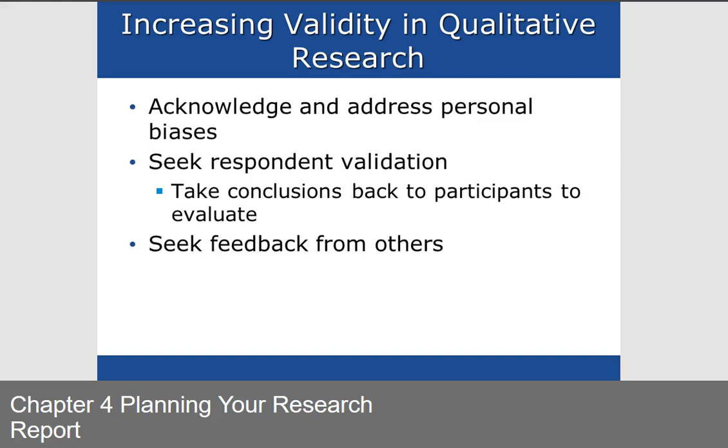One of the ways in which we can control for those biases is to, one, seek respondent validation: take it back to the source, the people you interviewed, for example, and say, okay, these are the themes I came up with. What do you think? Does this seem like what you were trying to communicate to me? Another thing is to have multiple coders or multiple people providing feedback, looking at the data, looking at your interpretations, and just verifying whether or not they see those same patterns that you saw.